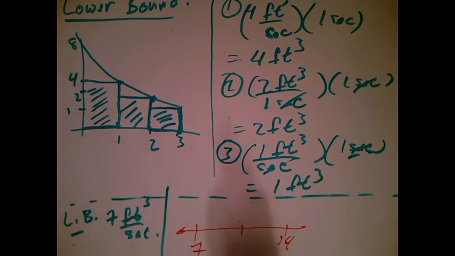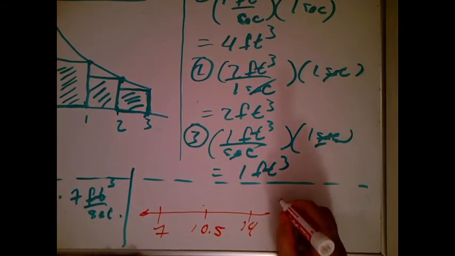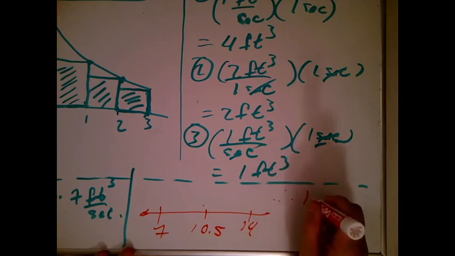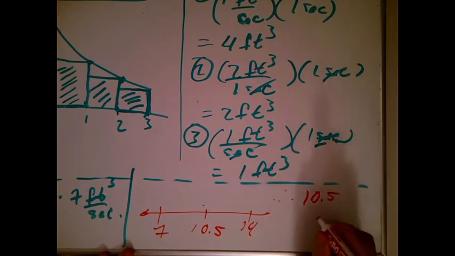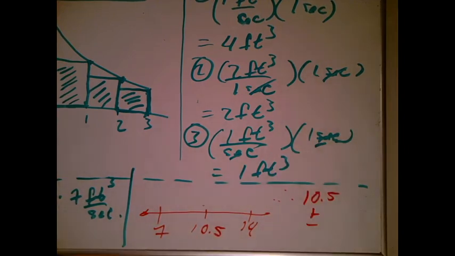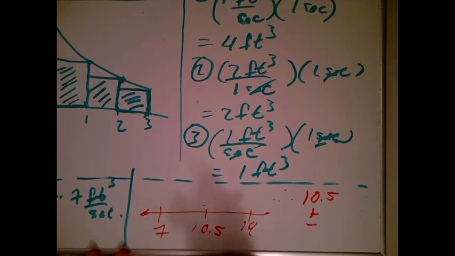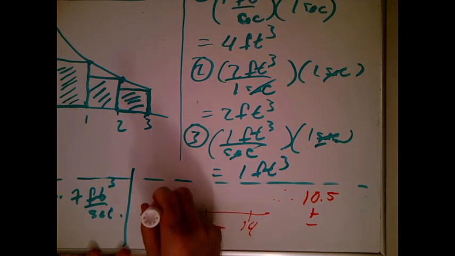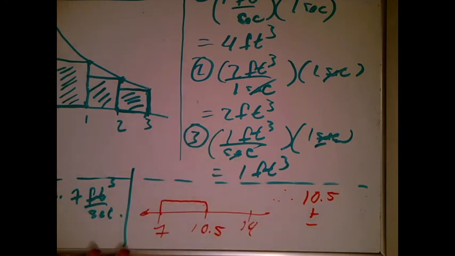The average of 7 and 14 is 10.5. So my best guess right here is going to be 10.5 cubic feet plus or minus the error. Well, the actual value has to be either between 7 and 10.5 or 10.5 and 14. In either case, the actual error is going to be less than that distance. So it's going to be plus or minus 3.5.